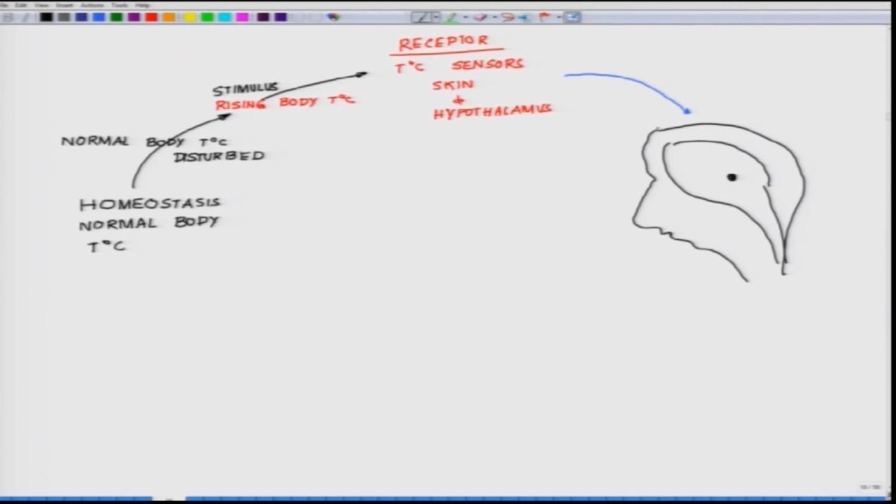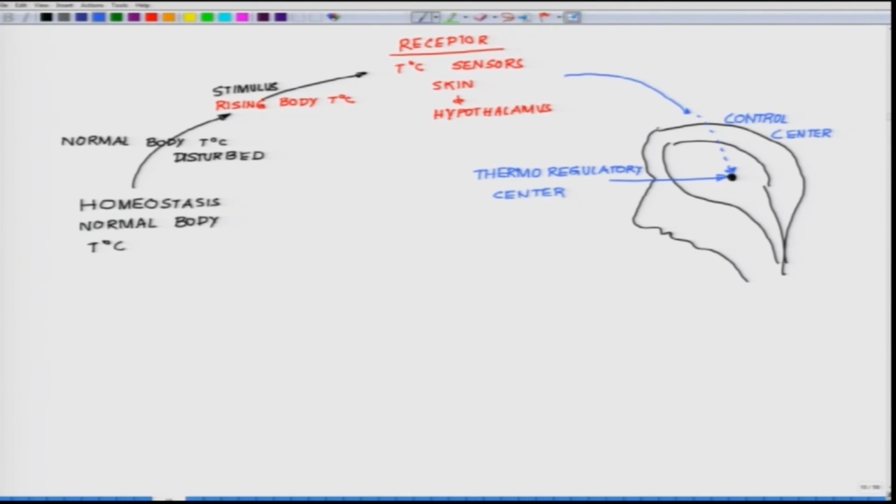So this information reaches the hypothalamus, which is essentially the control center, and this is the thermoregulatory center.